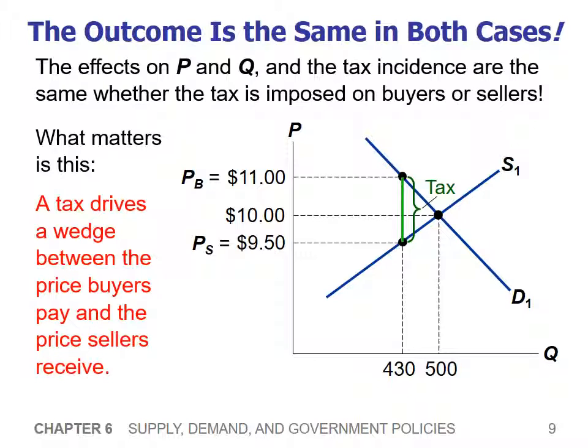And before tax, what buyers paid was what sellers received. After tax, this is not the case. There is a gap or a wedge between the price that buyers pay and the price that sellers receive. And this gap is the same as the amount of tax.